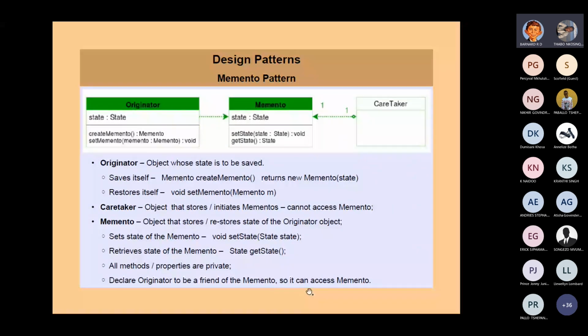That gives it access. But then only the memento and the originator can access anything to do with the memento. No other class, and particularly not the caretaker, can have that access, basically because everything in the memento is private.